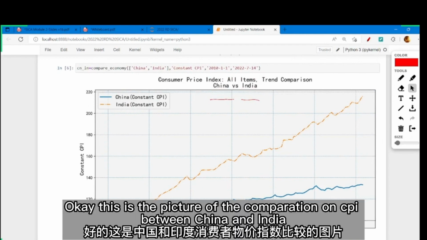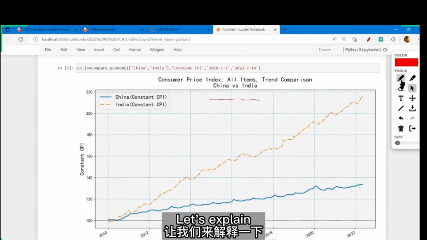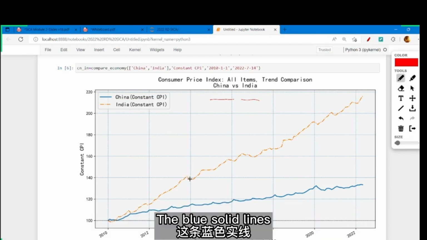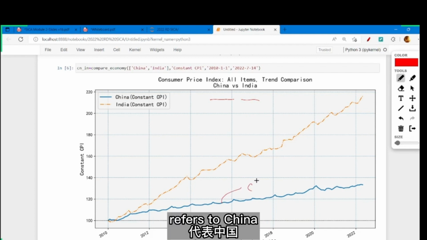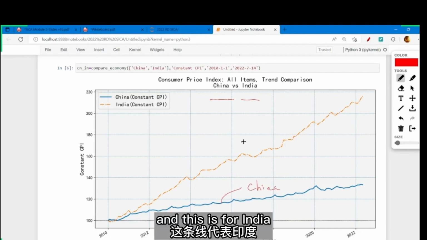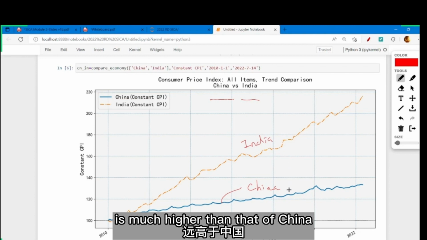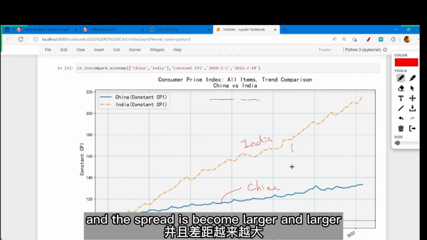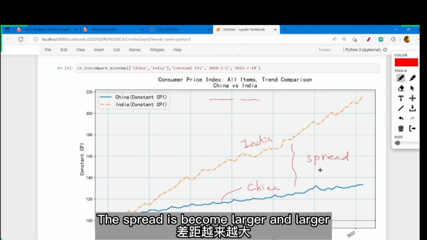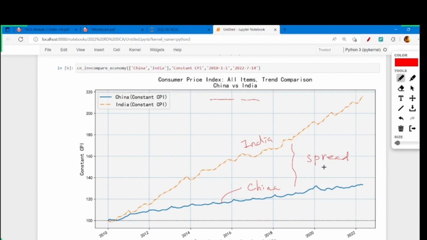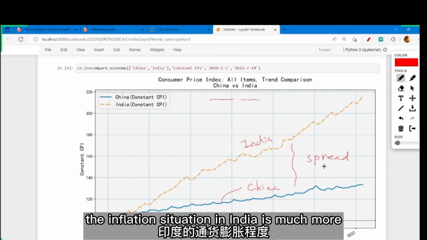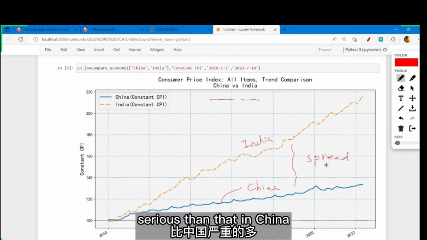Okay, this is the picture of the comparison on CPI between China and India. So let's explain. The blue solid line refers to China, and this is for India. From this graph, we can simply tell that the CPI in India is much higher than that of China, and the spread is becoming larger and larger. That means the inflation situation in India is much more serious than that of China.